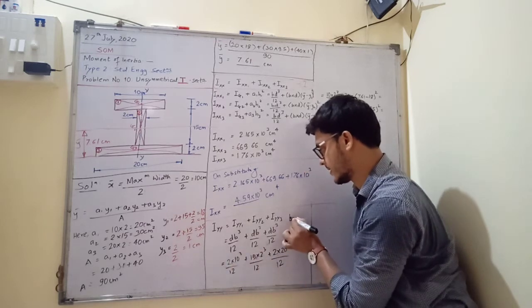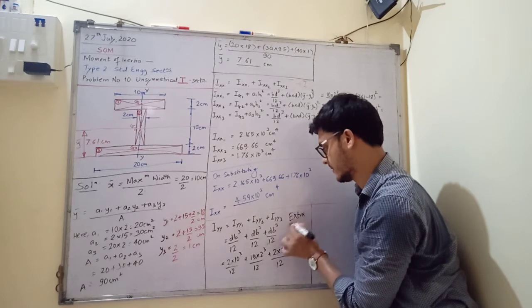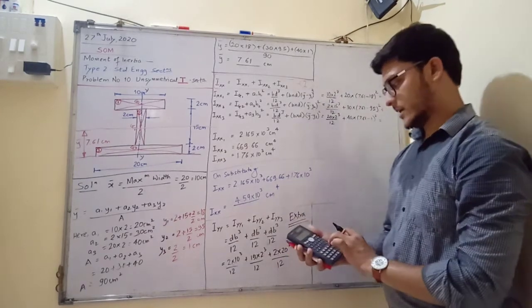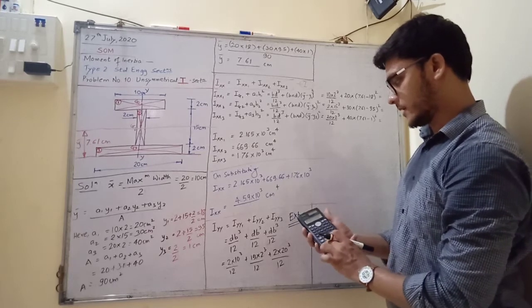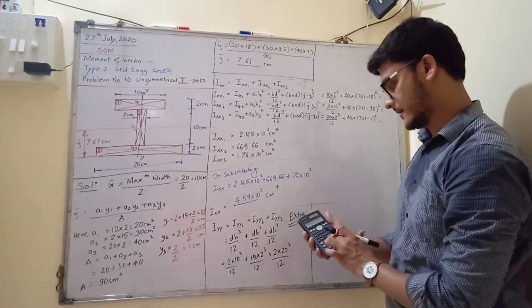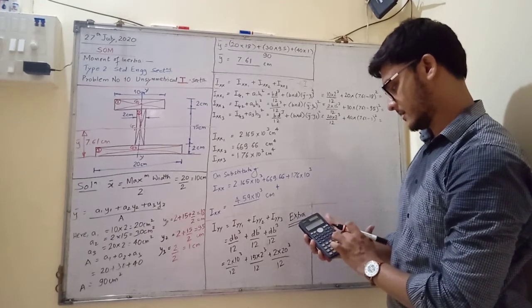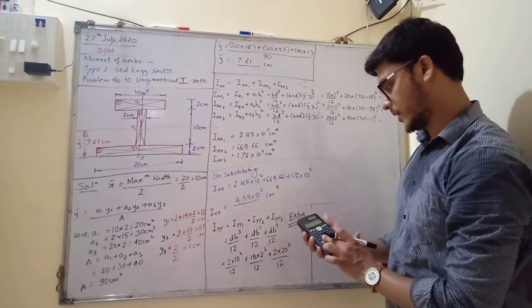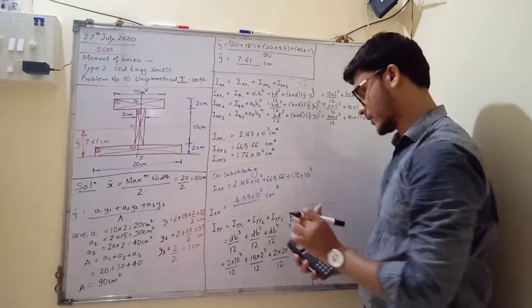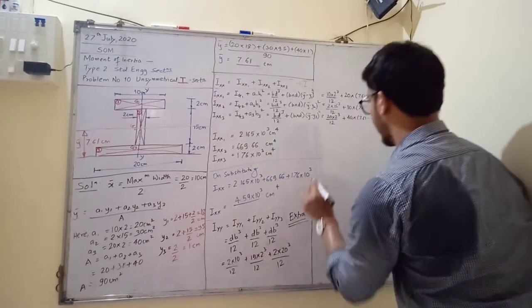This is extra part I am solving. It is not asked in the problem. So I will calculate one by one. First is 2 into 10 raised to 3 divided by 12. So 166.66. First value I am getting over here.